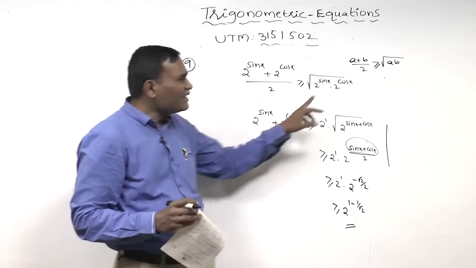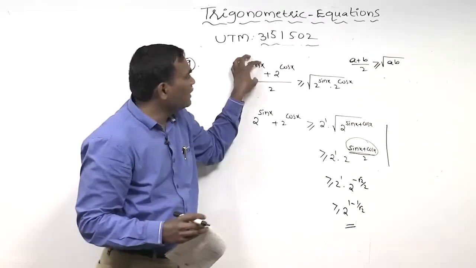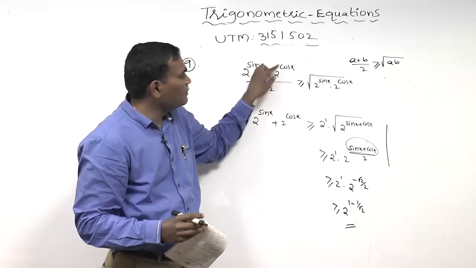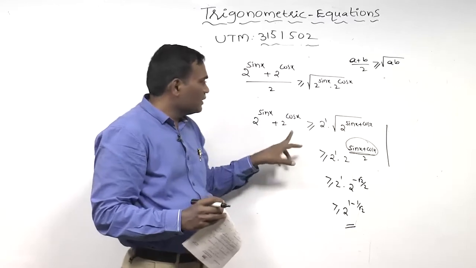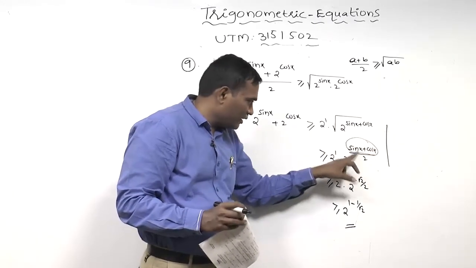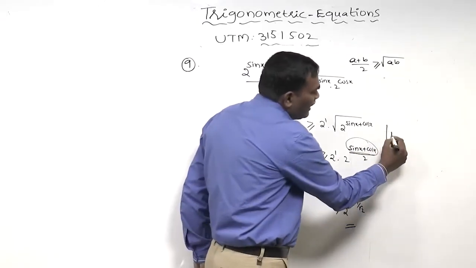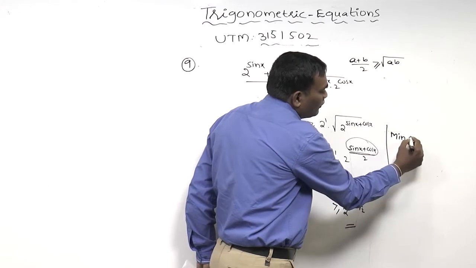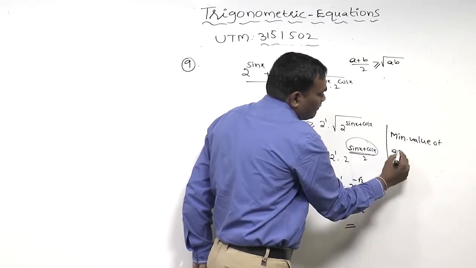So see, you take the AM greater than or equal to GM condition. This is one term, this is the second term. A plus B by 2 is greater than or equal to 2 power sin x into 2 power cos x. So I did cross multiplication, and from here to here is also important. What is the minimum value of a cos x plus b sin x?